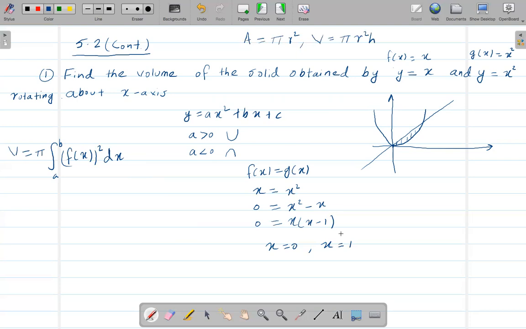So that means x at this point is 1. The interval would be 0 to 1, since we're trying to find the volume that is rotating about the x-axis. Now the volume will be pi times the integral from 0 to 1.